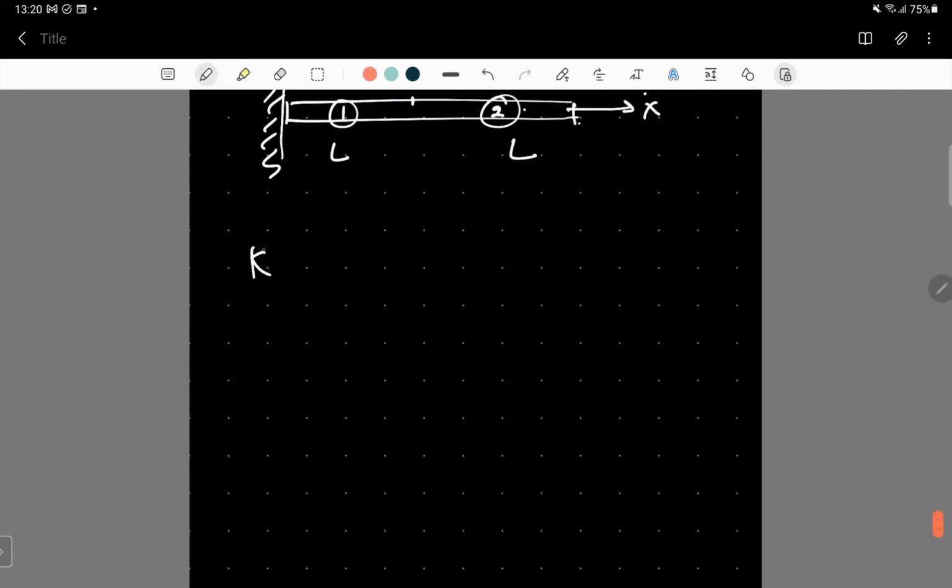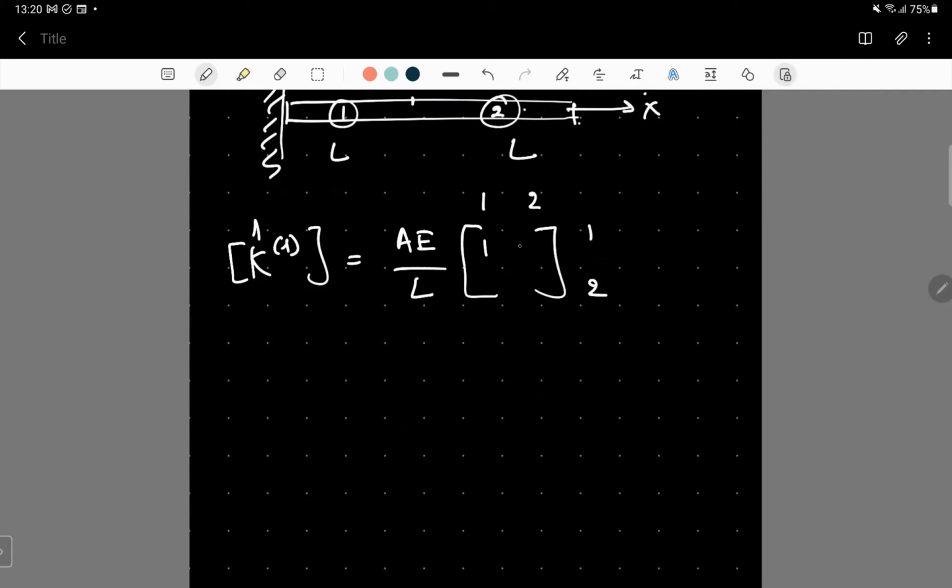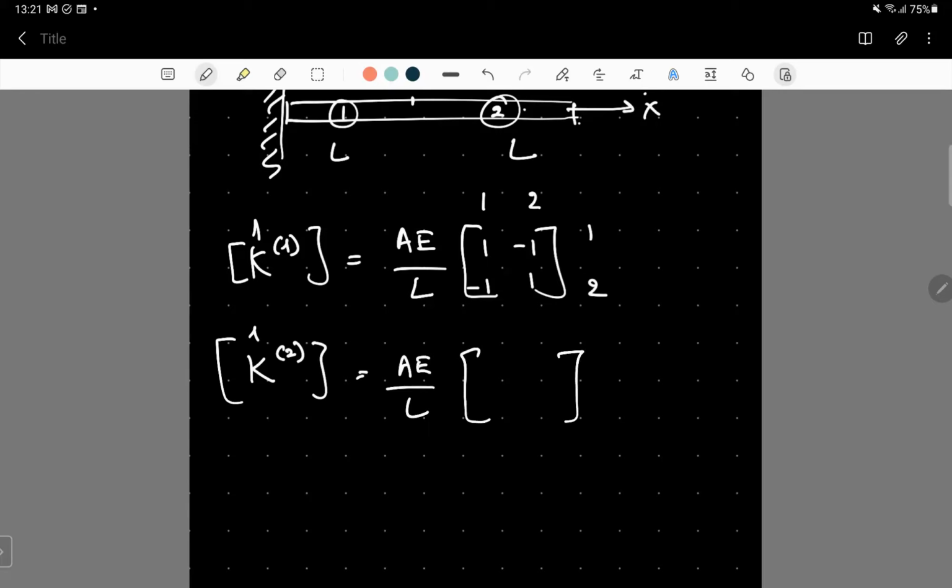So for element 1, the stiffness matrix is A E divided by L, with the corresponding nodes 1, 2, and entries 1, minus 1, minus 1, 1. And if we consider element number 2, the corresponding nodes are 2, 3.